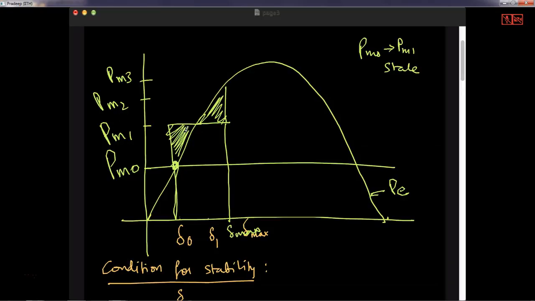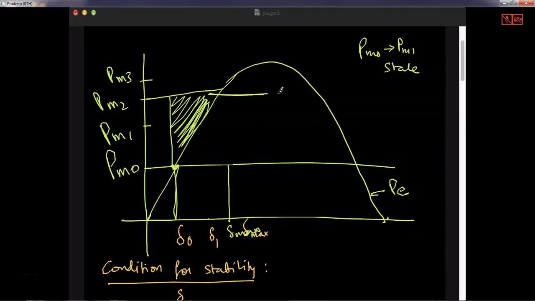Now if I jump from PM0 to PM2, this is my area. So this much area I have to get from the right side.